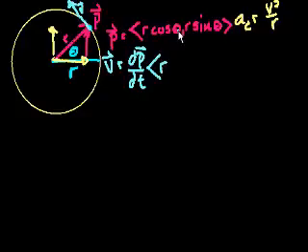It's the derivative of theta with respect to time, times the derivative of cosine of theta with respect to theta. And what's the derivative of that? It's minus sine of theta. So it's minus r times the rate of change of the angle with respect to time, times sine of theta.